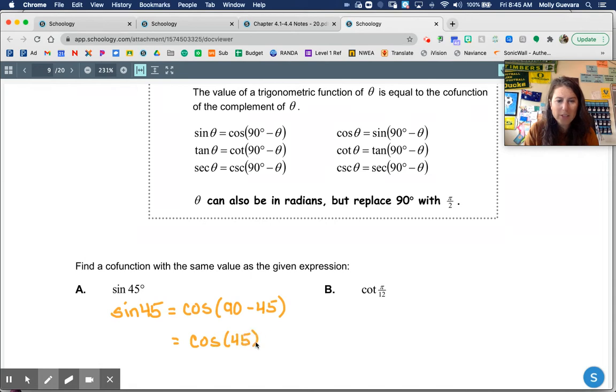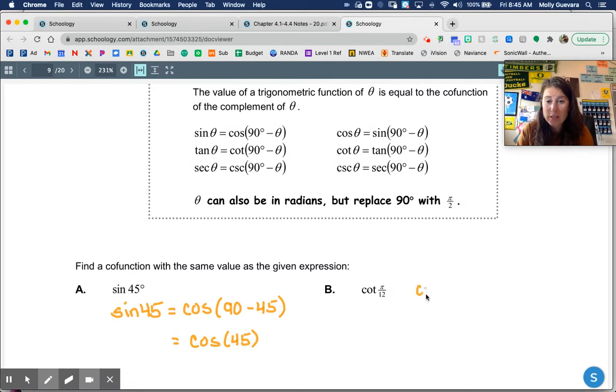And we actually just found that up above, right? Sine of 45 and cosine of 45 were the same thing. So sine of 45 and cosine of 45 are the same. And I can do it with radians too here. Just instead of 90, we would use pi over 2, right?